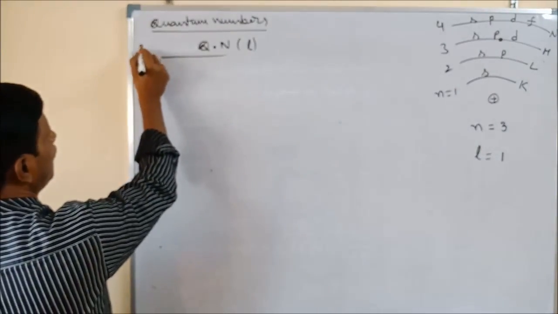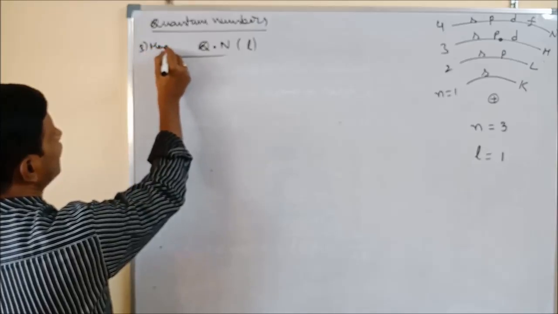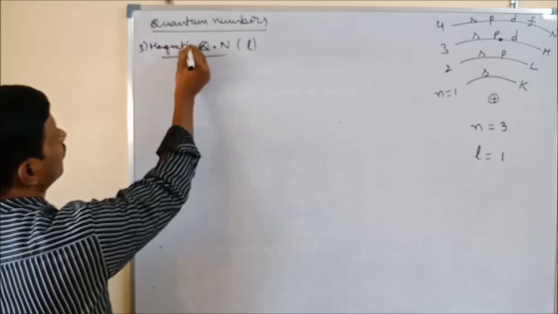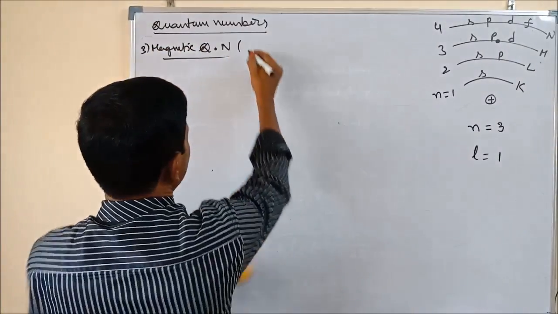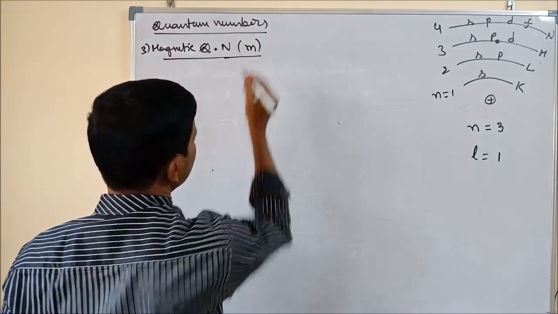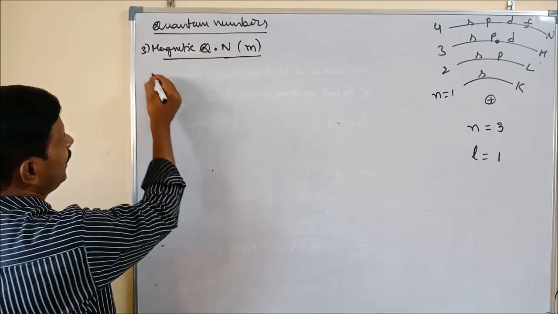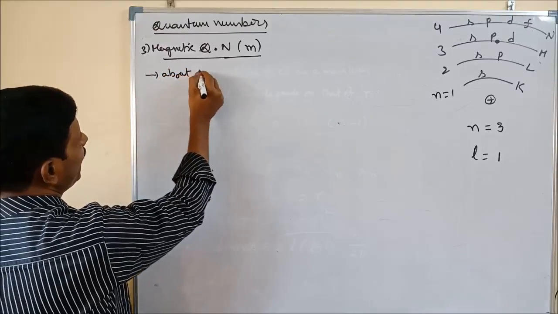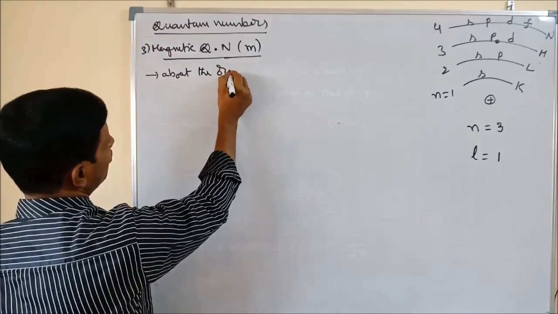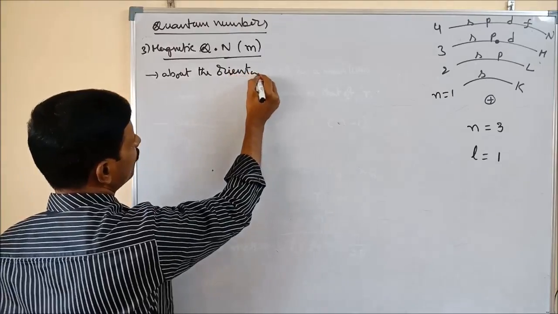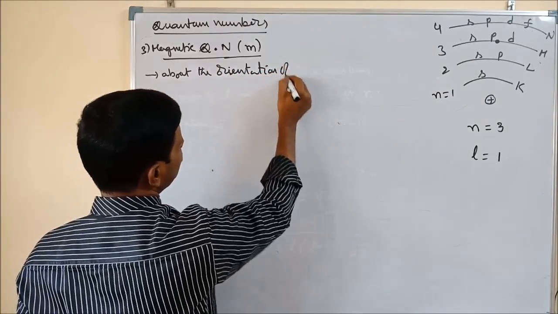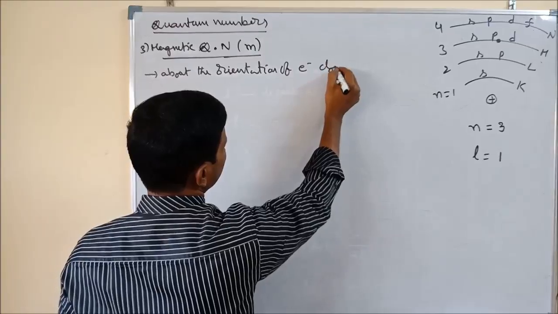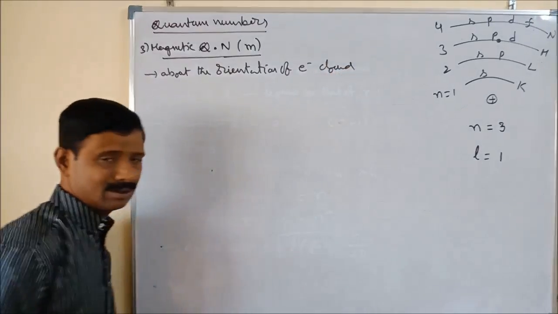So now the third one, magnetic quantum number. It is represented by m. Here it gives an idea about the orientation of the electronic cloud in space.